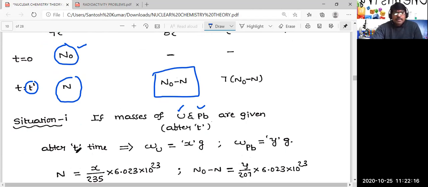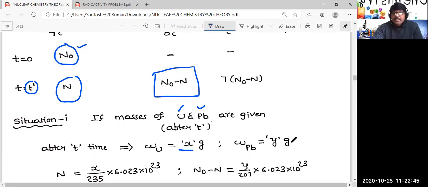For example, after T time, when you are studying that mineral, you know that the particular mineral has X grams of uranium undecayed. But when that mineral was produced, definitely the mass of uranium must have been greater than X. We don't know that, but we can find it.